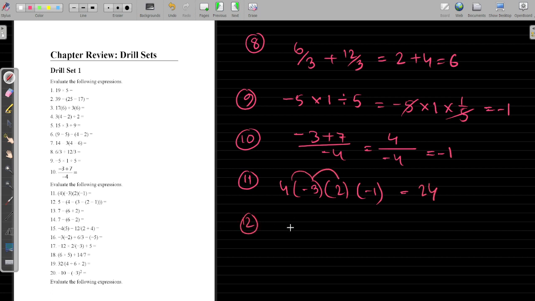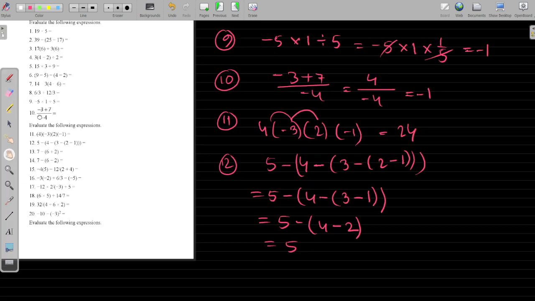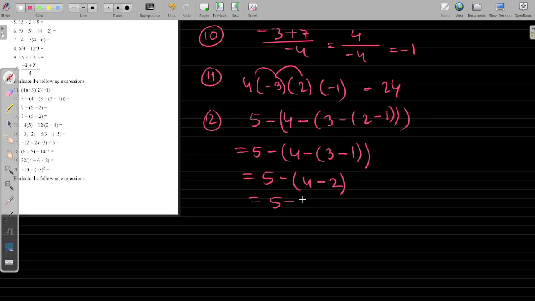Then number 12 is 5 minus 4 bracket and 3 minus 2 minus 1, 2, 3, 4 minus 4 minus 3 minus 1, 1. So 5 minus 4 minus this one with 2 bracket and 5, and here 5 minus 2 means 3.